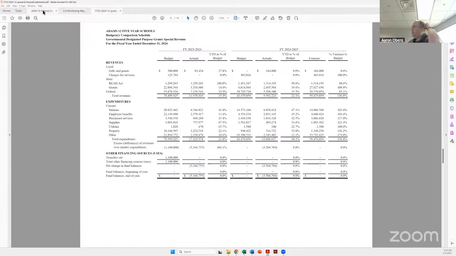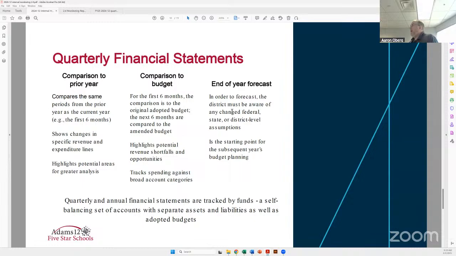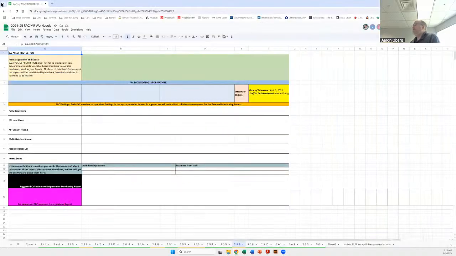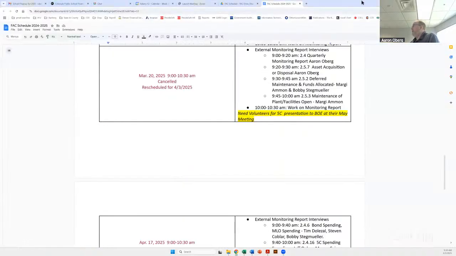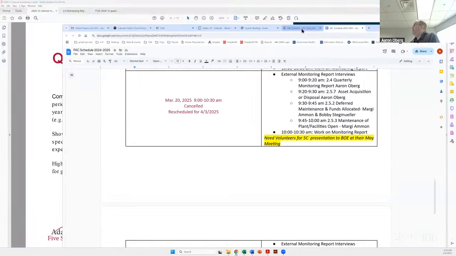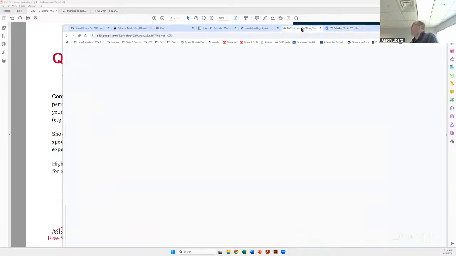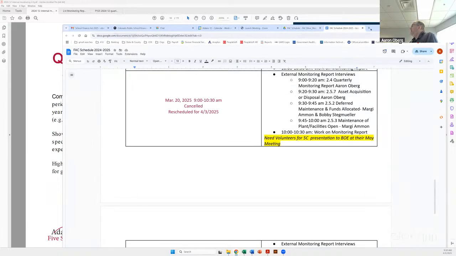So I'm going to pause there and see if we have any questions on the superintendent's responsibility to present financial statements, and all of these on a different piece of paper. Then all of these are available and posted on BoardDocs, which I had open and now I don't know what I did with it.